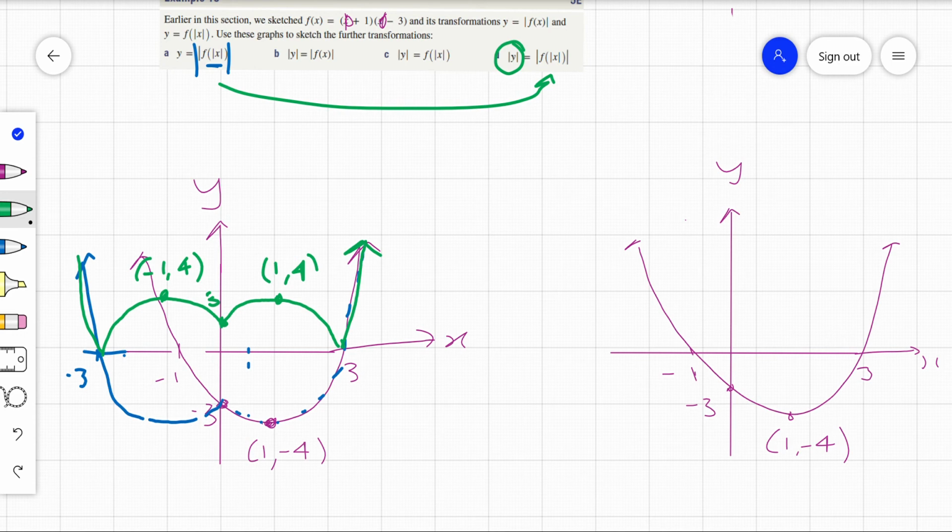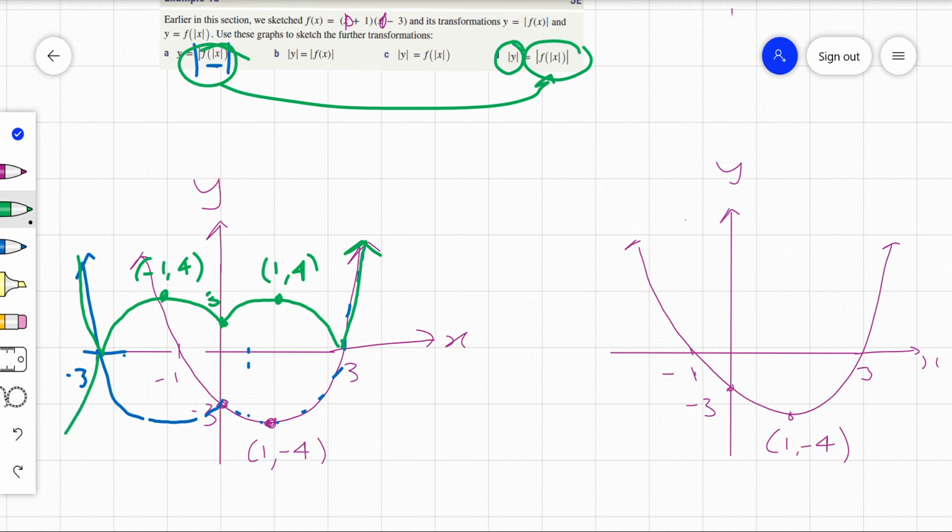So the process is to get rid of any negative parts and then reflect over the x-axis. We've already got the green curve, and it's all positive. None of it is under the x-axis. If it was, I'd have to get rid of those parts. And now I have to also reflect it.